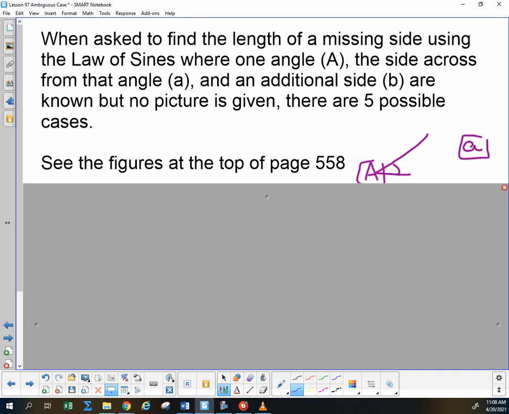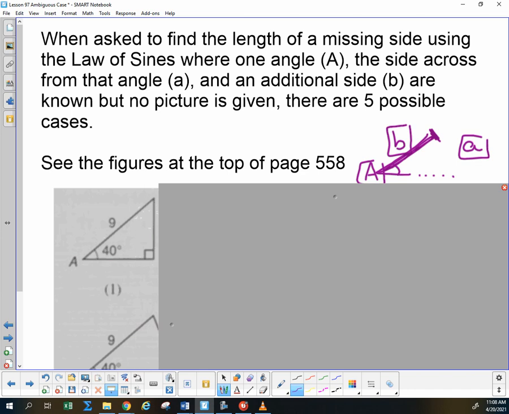And they tell us how long one of the other two sides is. So we know that side has to go from here to here, but we don't know how long that side on the bottom is. We do know how long the side that I drew on the right is. But I didn't draw it yet because I'm not sure.